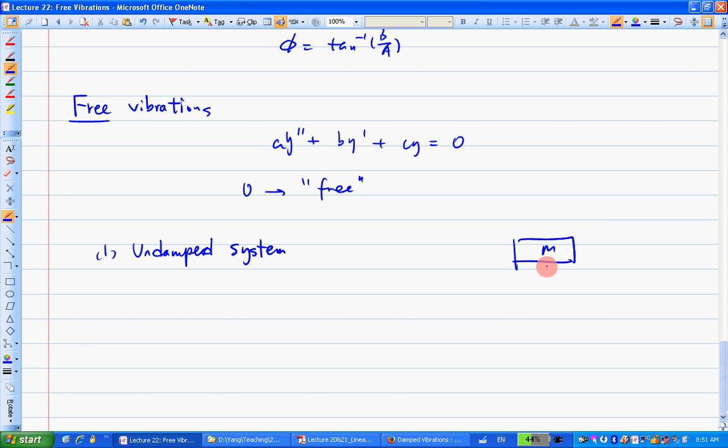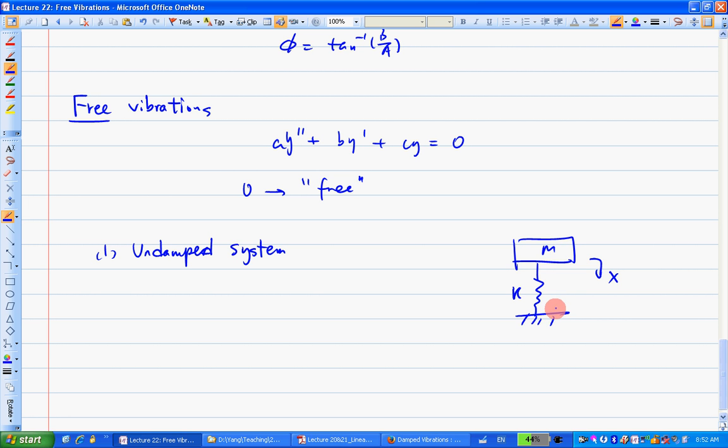Here's a mass spring damper system, but I don't have any damping, so there's only a spring. The system doesn't have any friction, so in this particular case it's what we call an undamped system. There's no damping and no external force, just the spring and the mass.